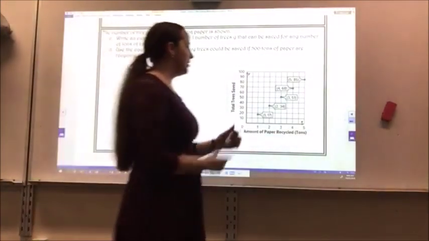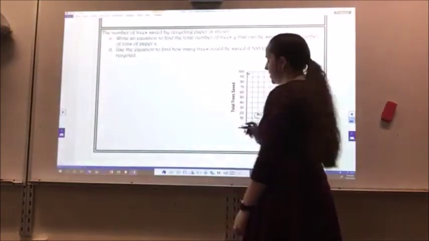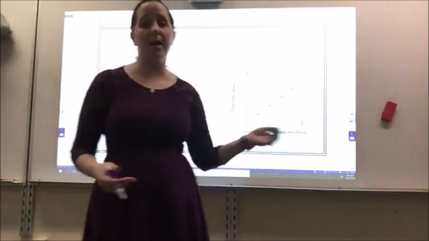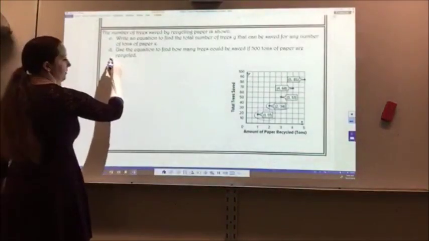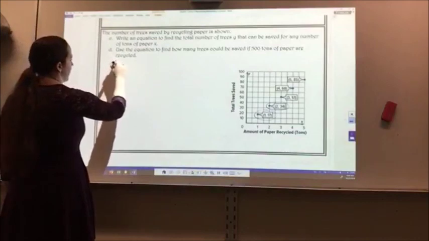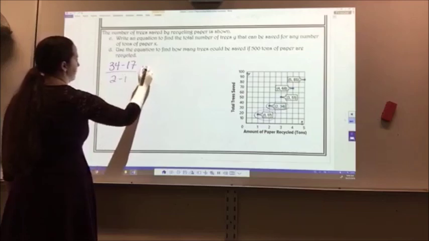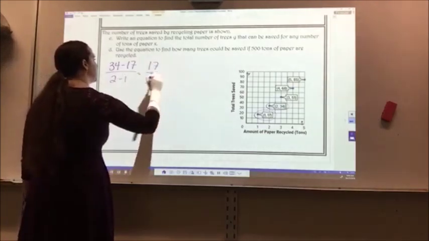I'm going to pick 2, 34 and 1, 17. You don't have to pick these points. You can pick any 2 points, but I'm going to pick these because they're going to be easier numbers to deal with. So I'm going to find my slope, which is taking 34 minus 17 divided by 2 minus 1. So I get 17 over 1, so that's my slope.